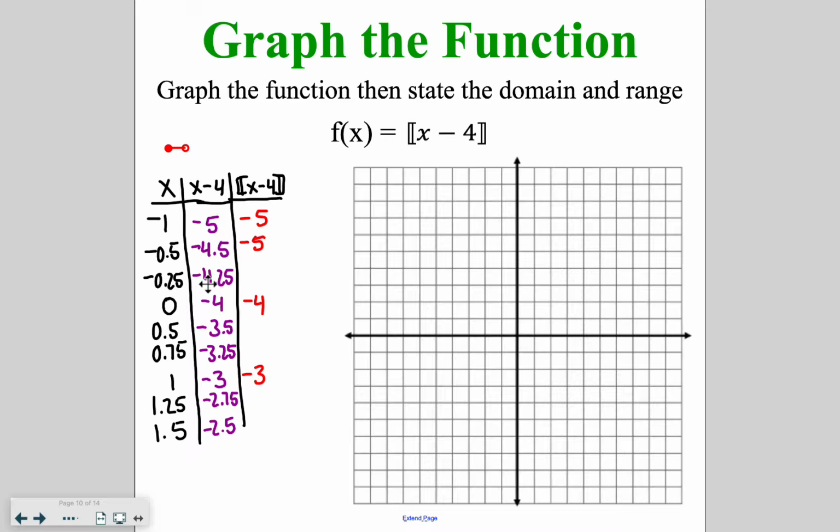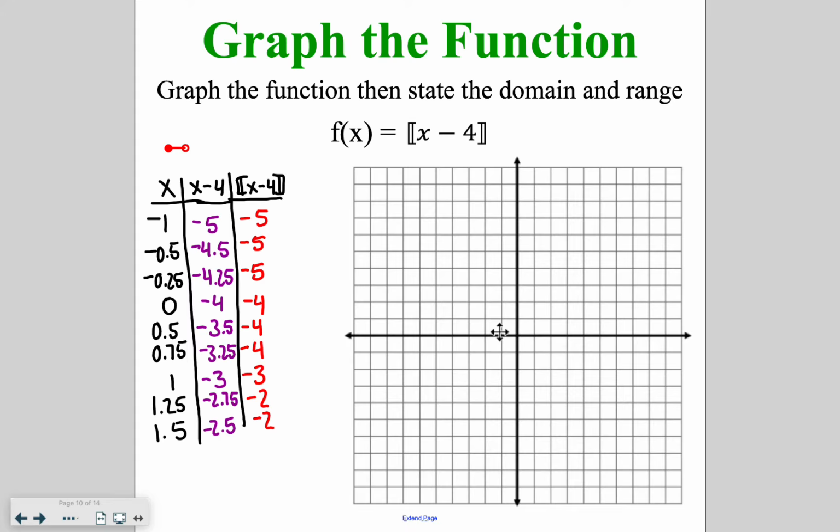I want the number that is below -4.25 with no decimals, so that's -5. I want the number that's below -3.5, which is -4, and then -4 again. And as I look at this, the number below -2.75 or below -2.25 is -2.